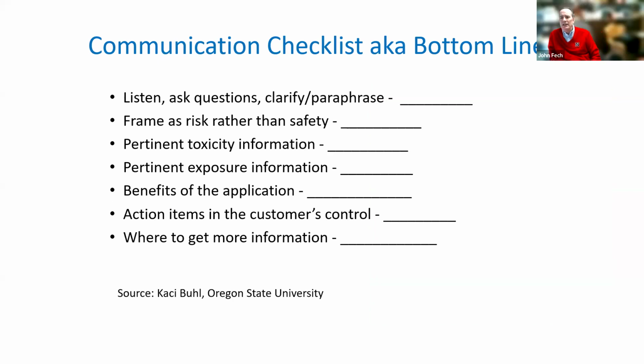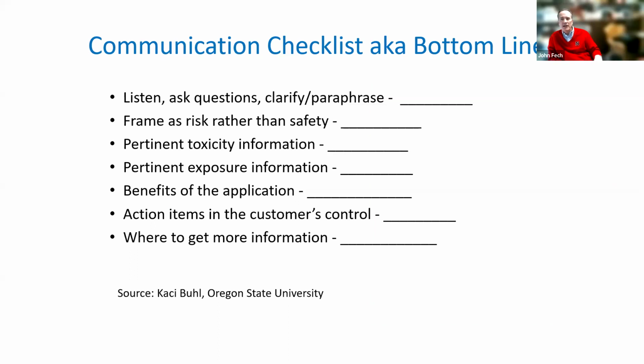Here's a checklist from Casey again, to really help the bottom line in terms of communication. Listening, asking questions, clarifying, paraphrasing to make sure you understand, framing the whole thing as risk rather than safety. And what is the risk? We're trying to reduce the risk, keep the benefits.